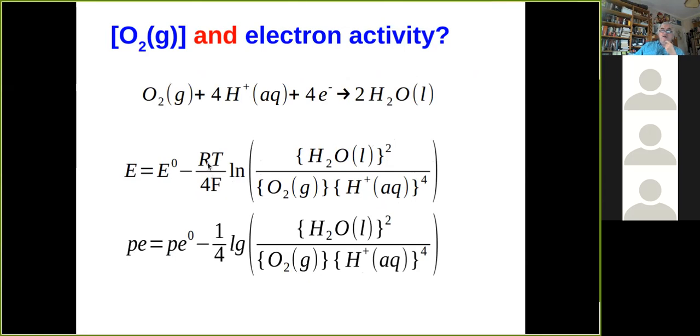R and F are just numbers. You use them in SI units. It's 8.314 and 96,485, I think. You may have to look it up on some internet page or in a textbook.